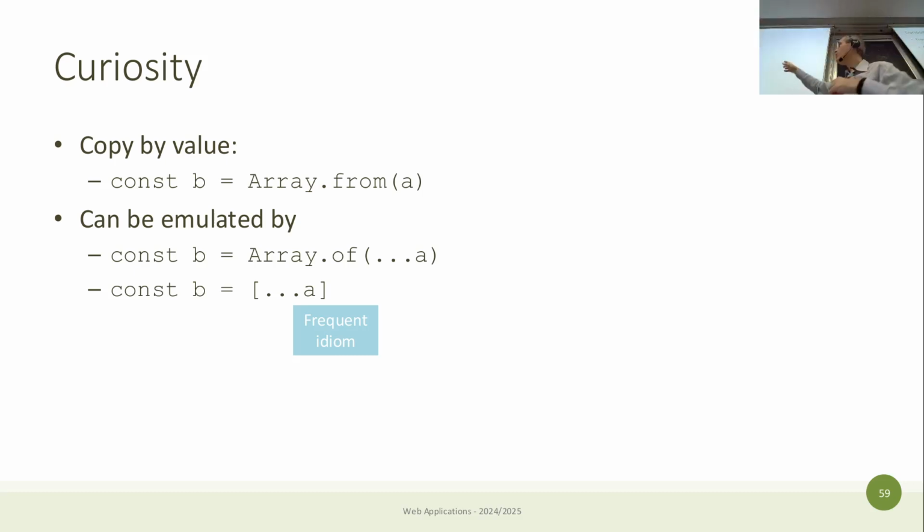This is a very frequent idiom. That's why we put a slide on this. And the other options are Array.from, which expects an array, or Array.of, which expects a comma-separated list of parameters, where in this case you need to put a spread, because you need to expand it to a comma-separated list.